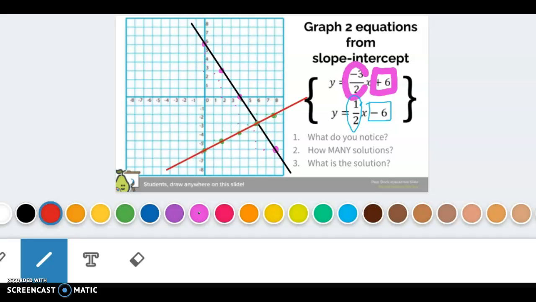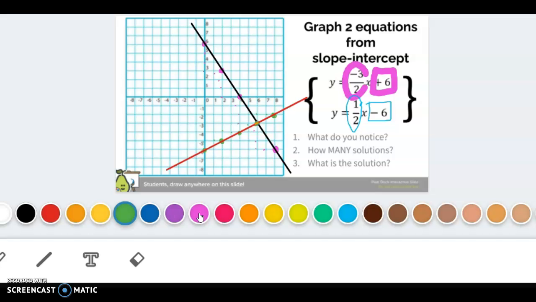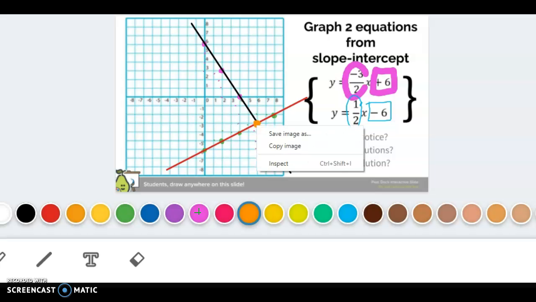Where my lines intersect, I have one solution, right? The one solution is right here at this point. So what do you notice? I noticed that my lines intersect once. Okay, my lines cross.